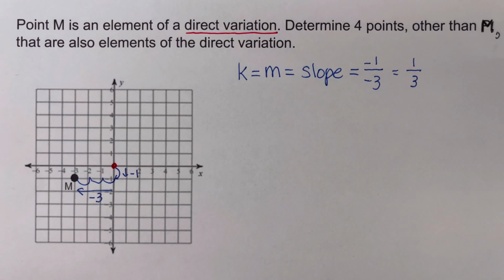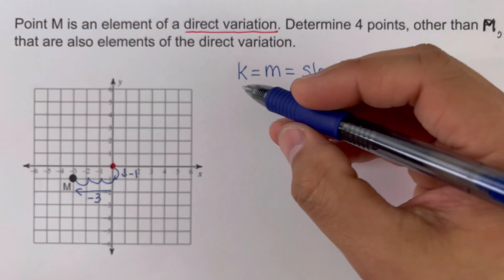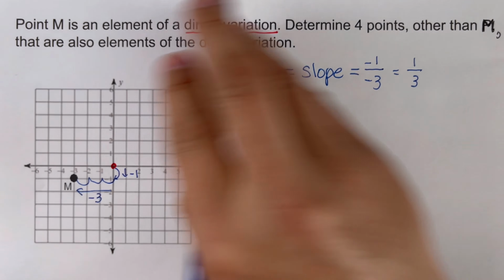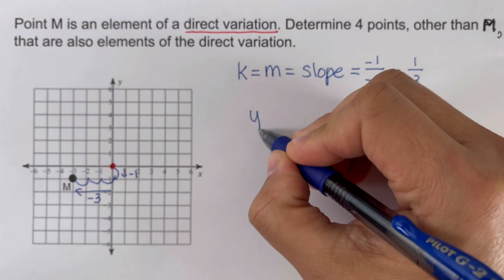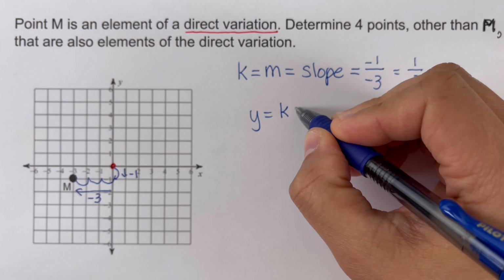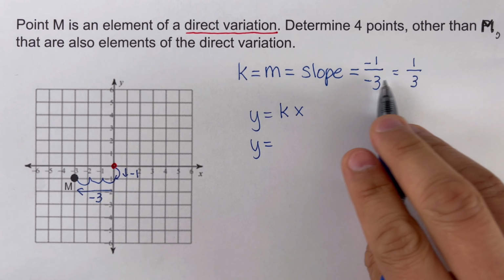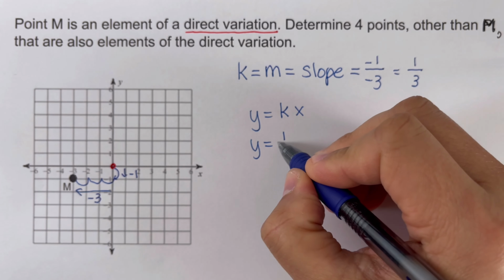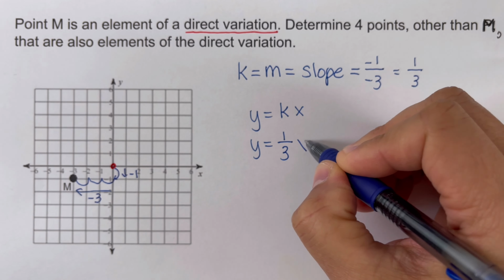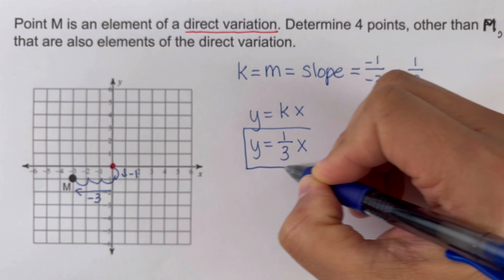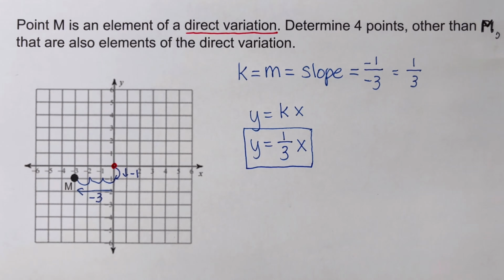So the equation for this problem is again y equals kx, the general equation of a direct variation. Y equals, our k is positive 1/3, so y equals 1/3 x. This is the equation for this problem.